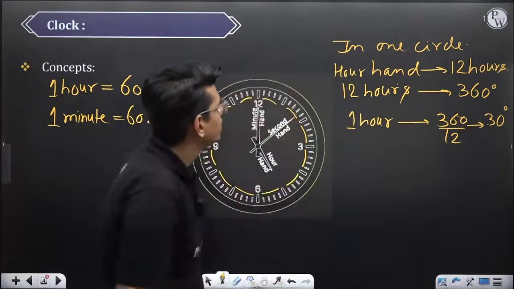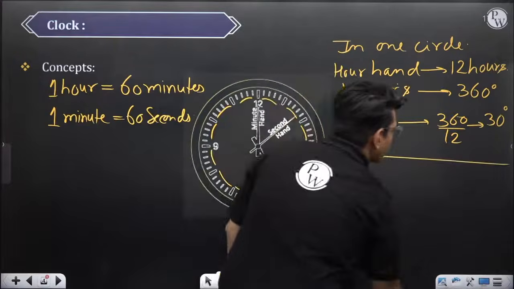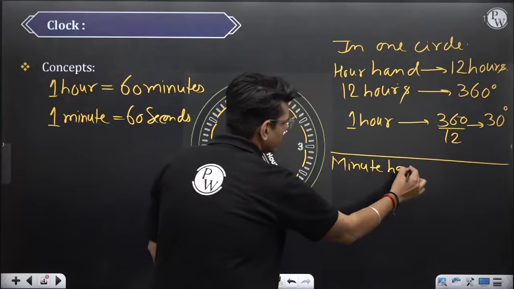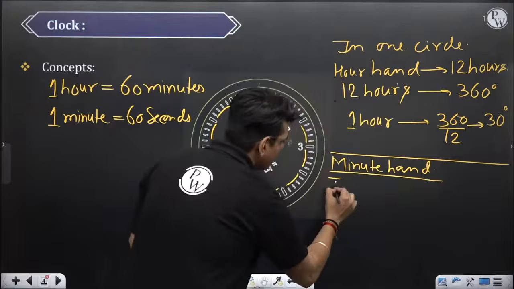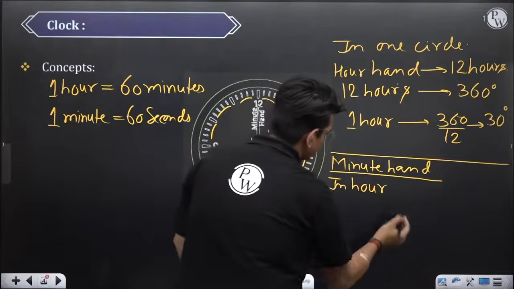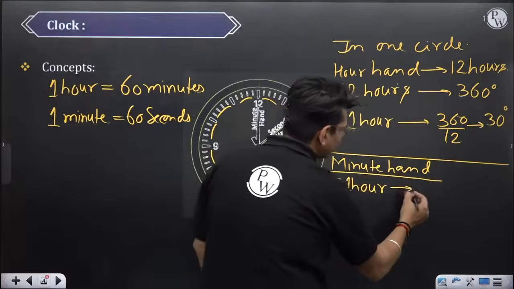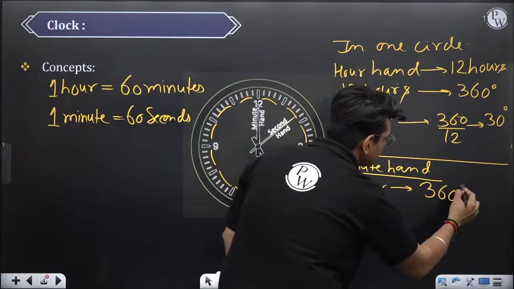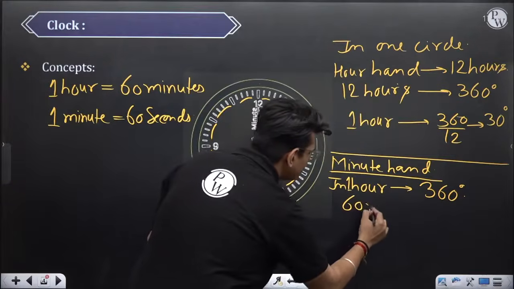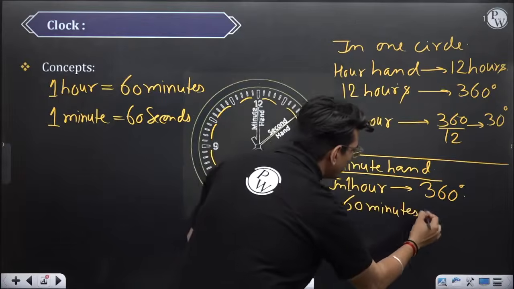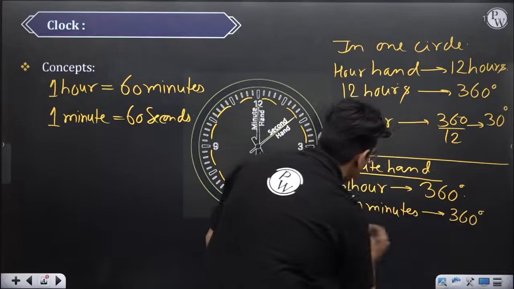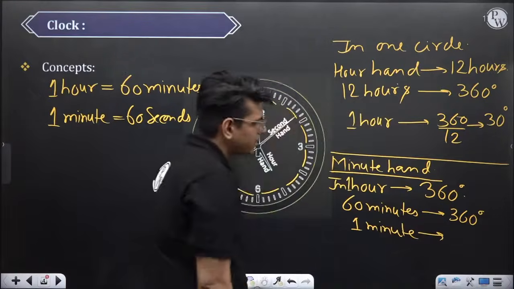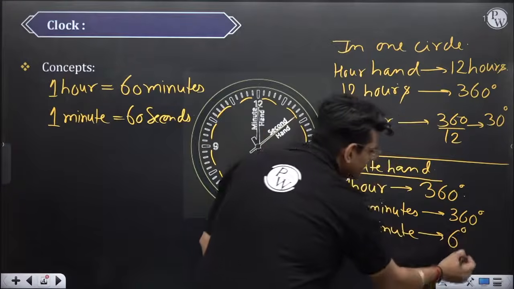Now similarly, for the minute hand, in 1 hour the minute hand covers the whole circle, which is 360 degrees, and 1 hour is nothing but 60 minutes. So in 60 minutes, it's covering 360 degrees. So in 1 minute, it is covering 360 by 60, which is 6 degrees, right?